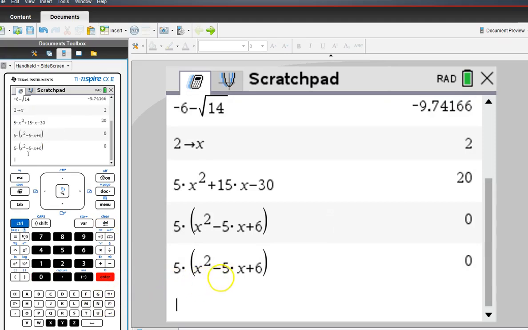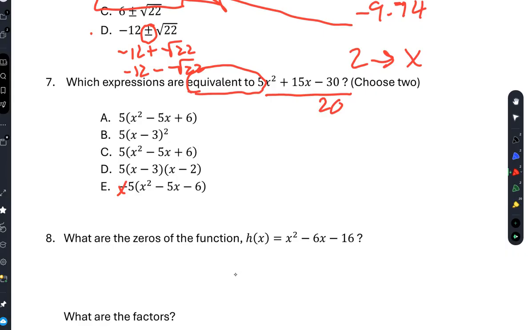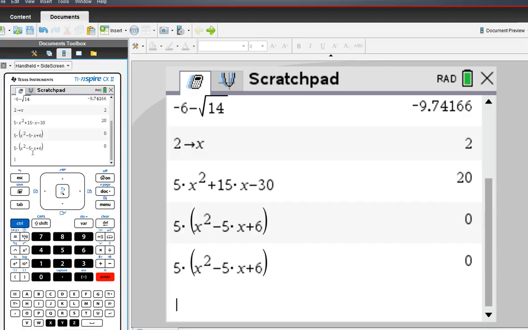5 parentheses x squared minus 5x. One of those should be a minus 6. Okay, so go back to your paper and make this one a plus and this one a minus. So on your paper, C is going to have this. So let's type this in.